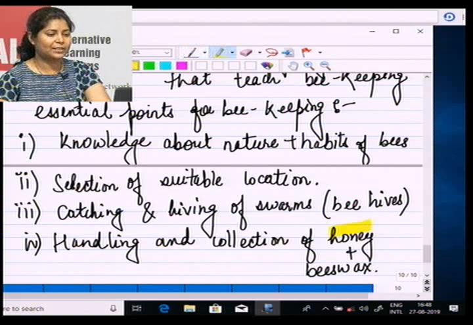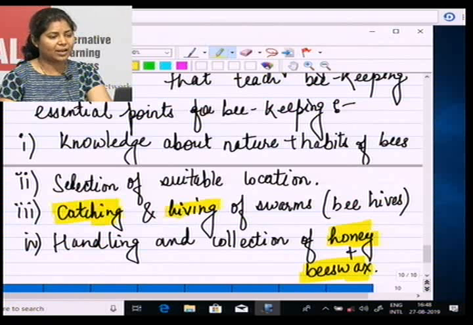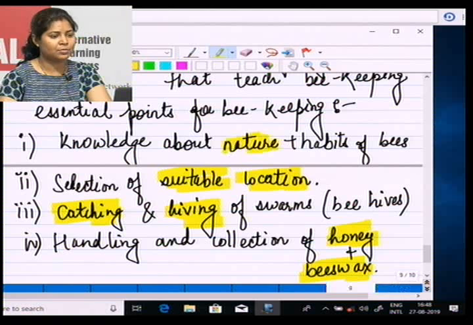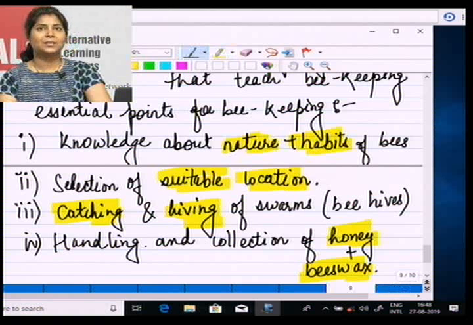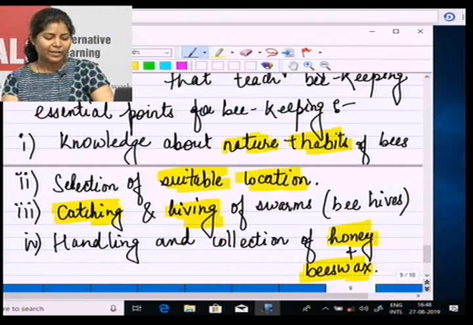So you should know all these things: catching and hiving, suitable location, nature and habits. Is it clear? Everybody?